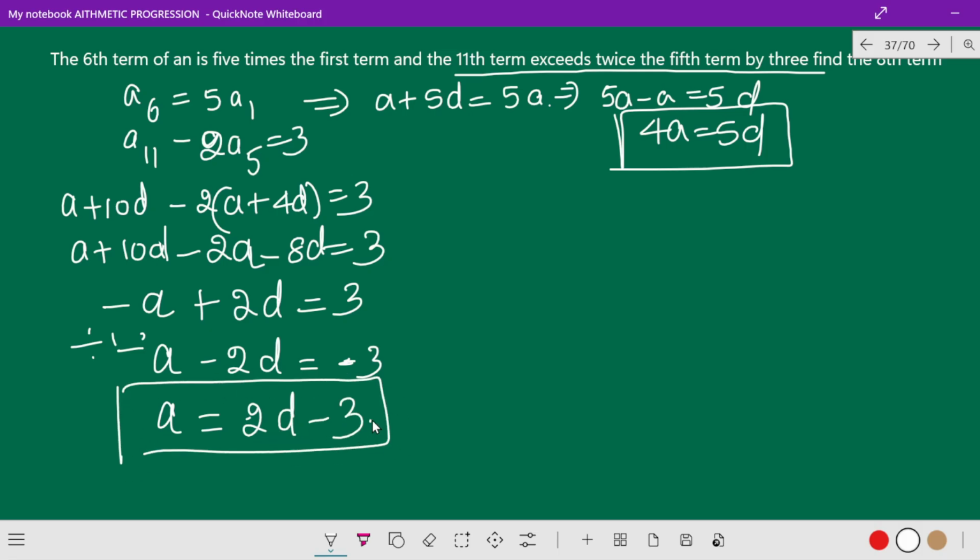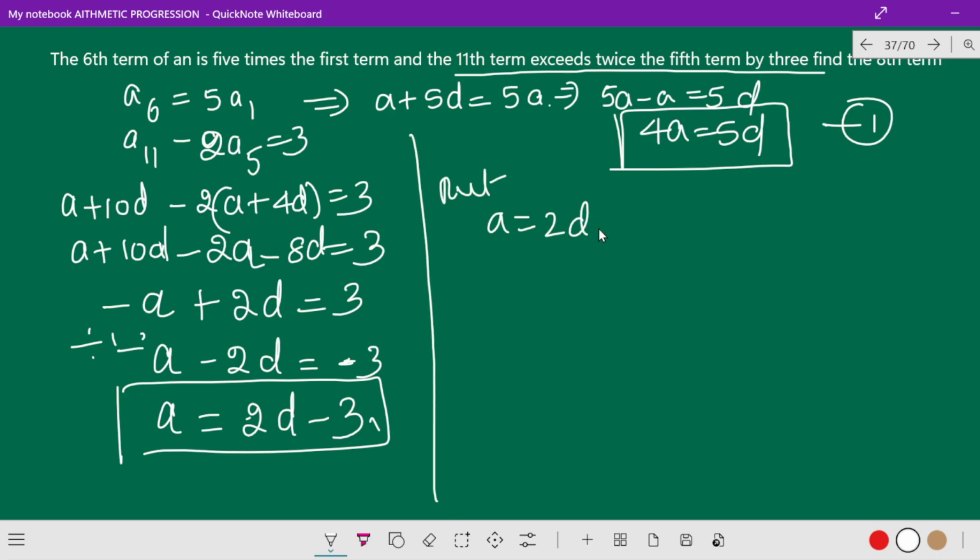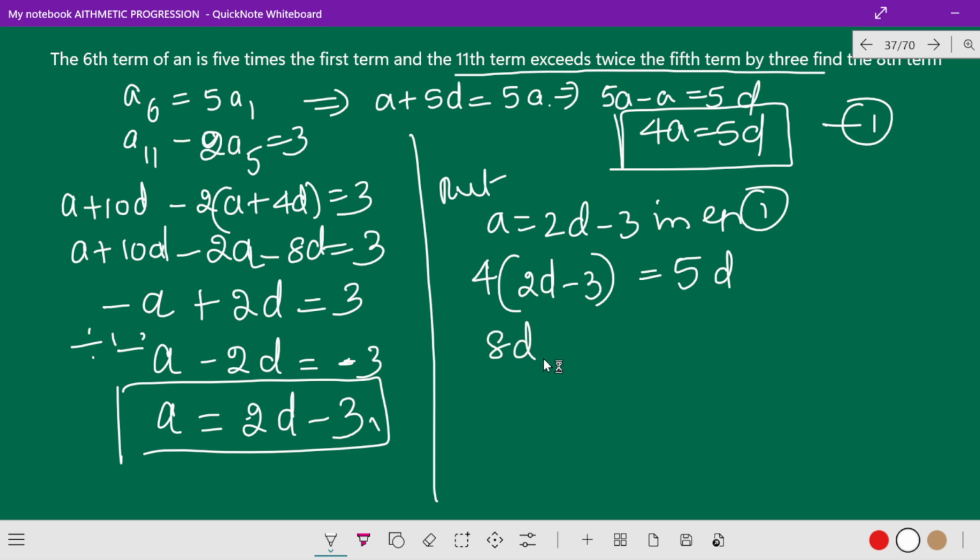I can put this value of a in equation 1. Put a is equal to 2d minus 3 in equation 1. What will we get? 4 brackets 2d minus 3 is equal to 5d. So 8d minus 12 is equal to 5d.